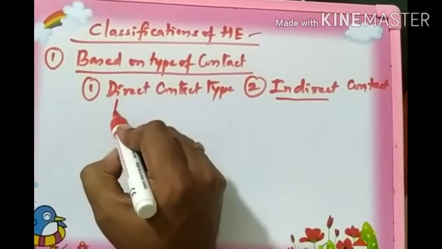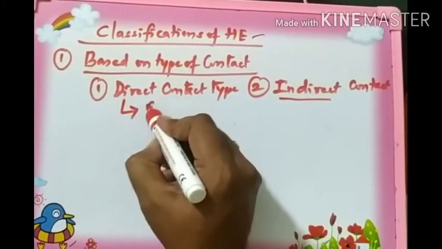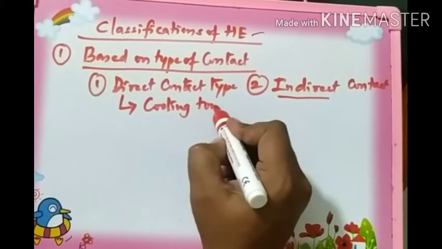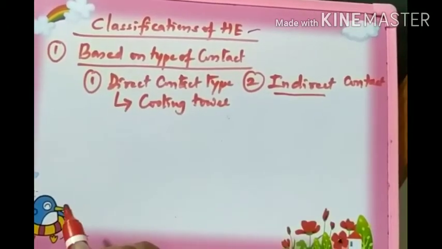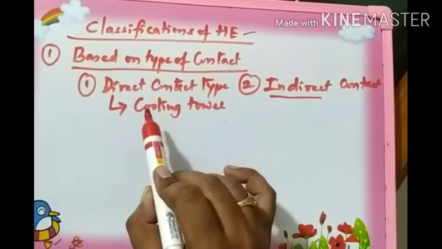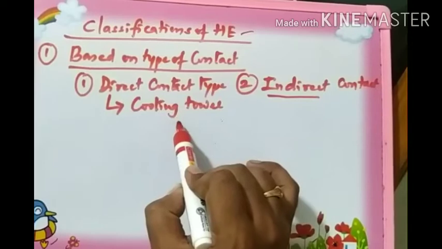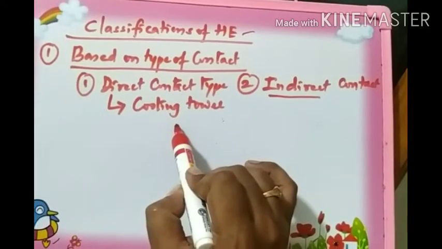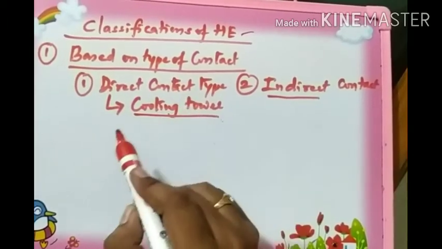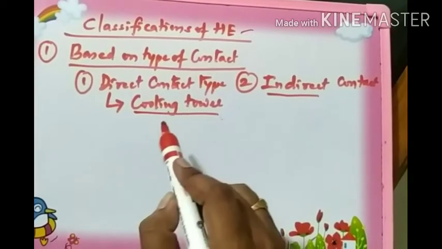The example for a direct contact type of heat exchanger is a cooling tower, which I discussed before, where the warm water coming from the condenser directly gets mixed with the atmospheric air inside the cooling tower, thereby exchanging energy. So it's a best example.